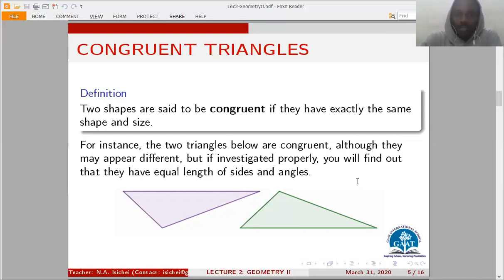When you say 2 shapes are congruent, it means they have same size and same shape. They are equal. But because this is shape, we don't want to use the word equal, we use equivalent or congruent.